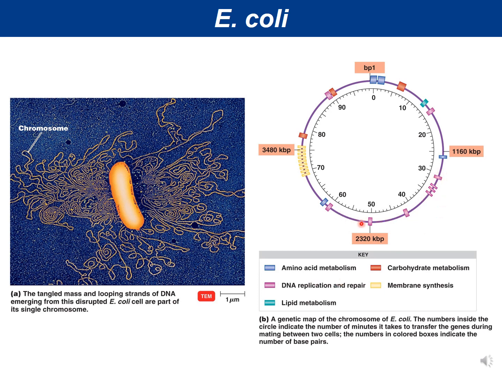The pink ones are genes for DNA replication and repair. And notice that to an extent, these are kind of clustered on the chromosome. There's another one out here, but we have this cluster of genes that are used for replication and repair. Lipid metabolism, so we have a cluster of genes here. If we look at membrane synthesis, notice that those are very clustered. They're all found within a short segment on the chromosome of E. coli.